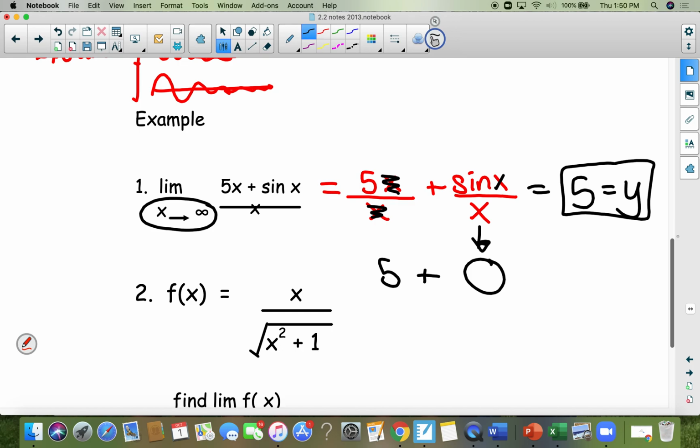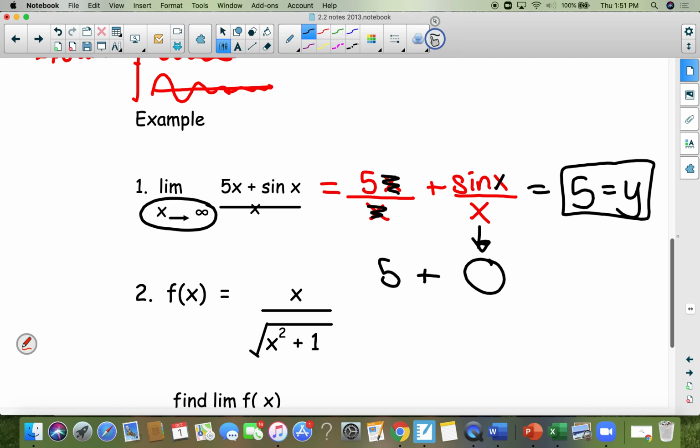I'm going to try to show this to you. What is it? 5x plus the sine of x divided by x. This is what it looks like, you guys.